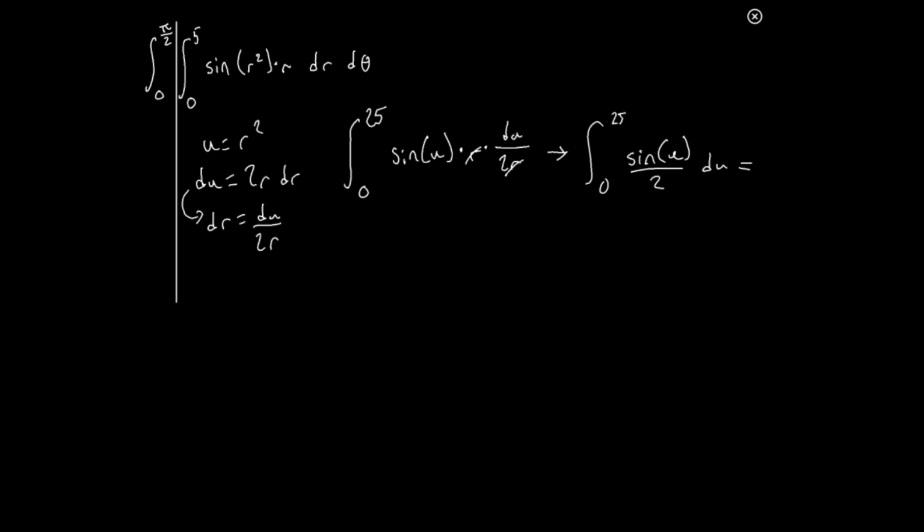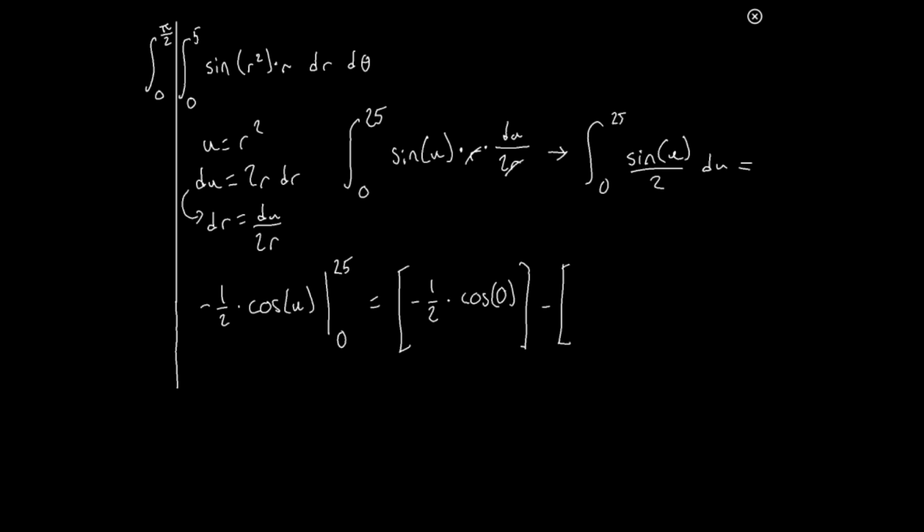So this is equal to negative 1/2 cosine of u going from 0 to 25, which then equals, plug in our upper bound, so minus 1/2 times cosine of 25, minus, plug in our lower bound, minus 1/2 times cosine of 0.